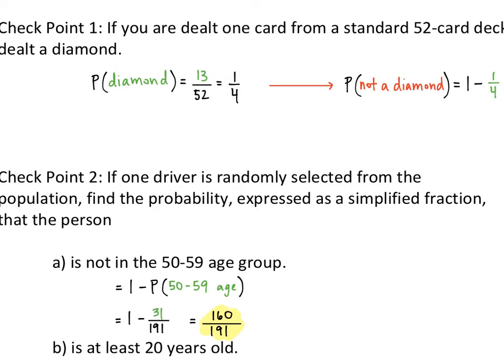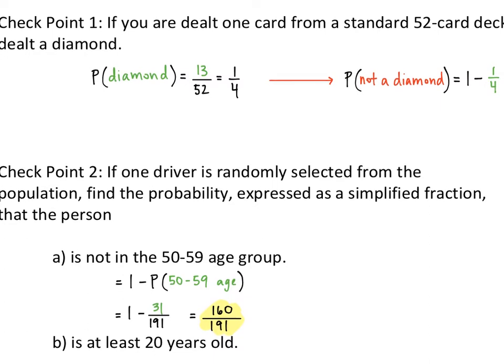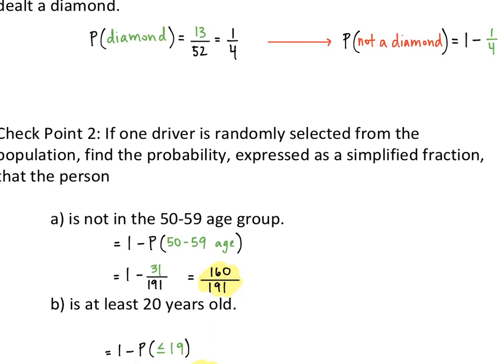So now part B. What's the probability that the person is at least 20 years old? So which age group could you look at, right? What I did here was look at the age group of less than or equal to 19.